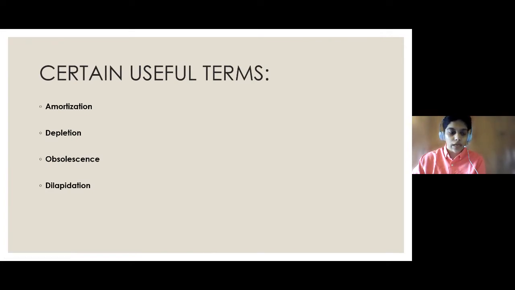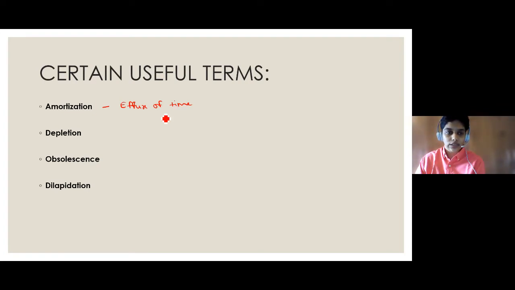Now, moving ahead, we have certain useful accounting terms that we put to use while accounting for depreciation. So depreciation is also known by these other terms, the first one being amortization. Now, this amortization is related to effluxion of time or passage of time.